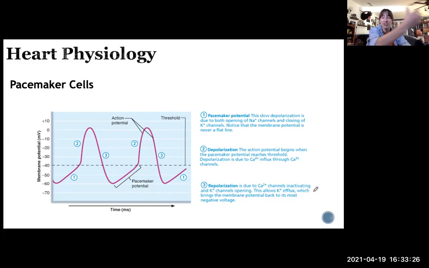Because all of these action potentials are still ions flowing back and forth across a plasma membrane, the plasma membranes of your cardiac muscle cells, those cardiac muscle tissue cells. So just to reiterate, I'm repeating generally what we already learned about skeletal muscle contraction, the neuromuscular junction, and action potentials as they travel down neurons in the nervous system.